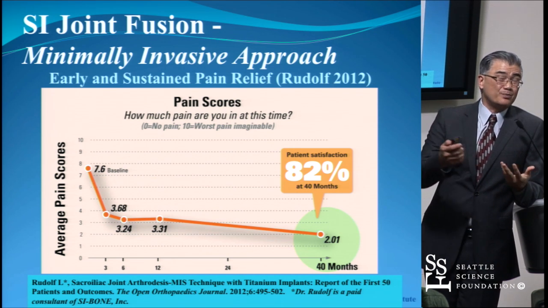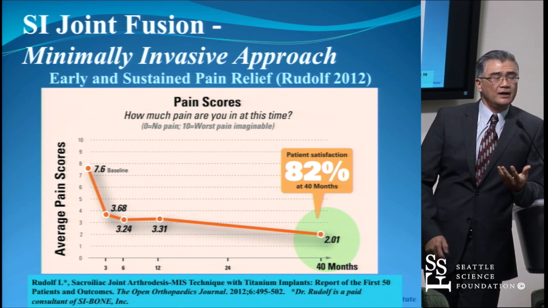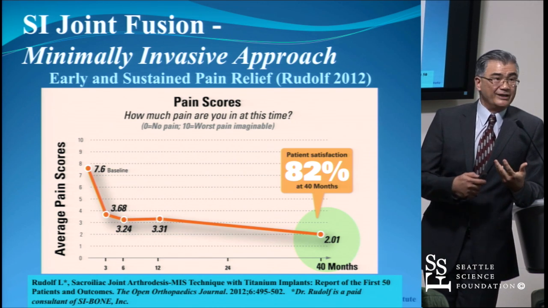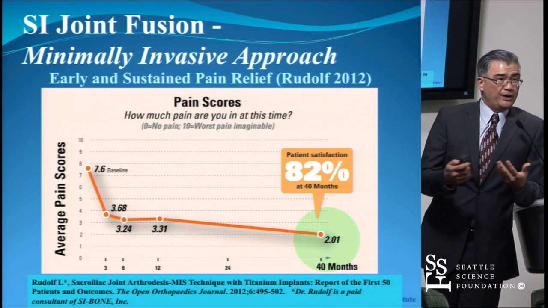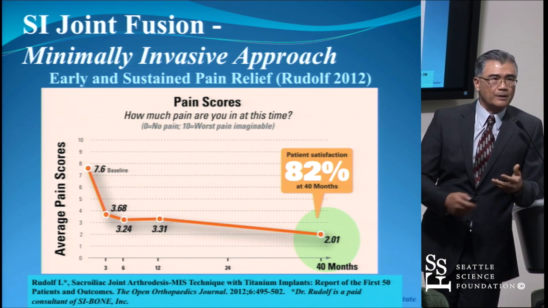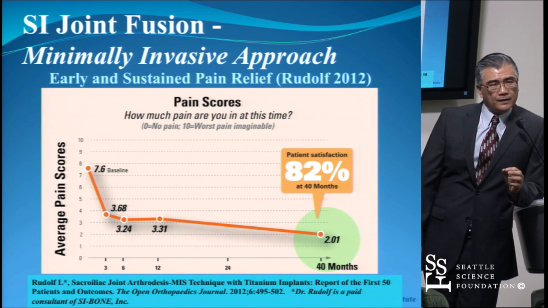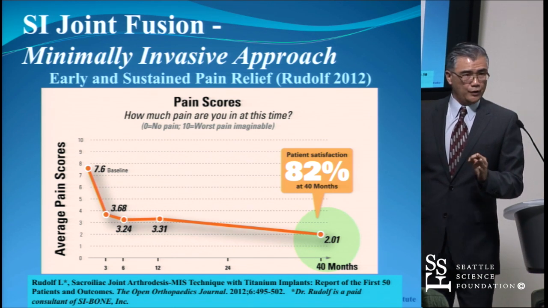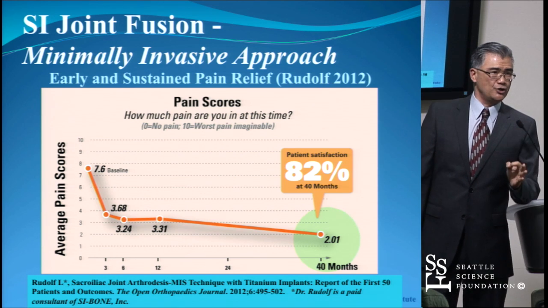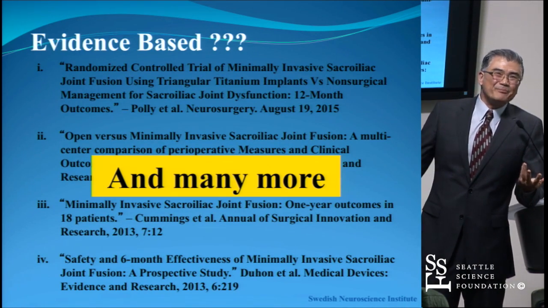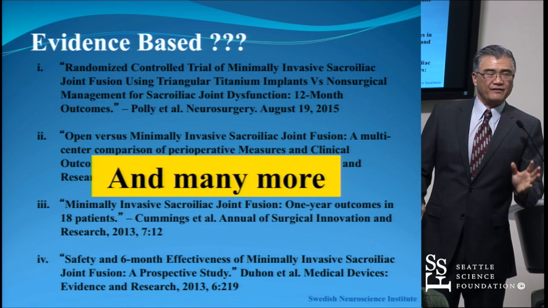The other 20% not getting better may have other things going on. Maybe they are really depressed. If a patient is really depressed, the pain perception is different, or if the patient is on chronic pain medication, the pain will never get better. But otherwise, the success rate for SI joint fusion in appropriate patients is very high. So it's evidence-based. Nowadays we talk about evidence-based.